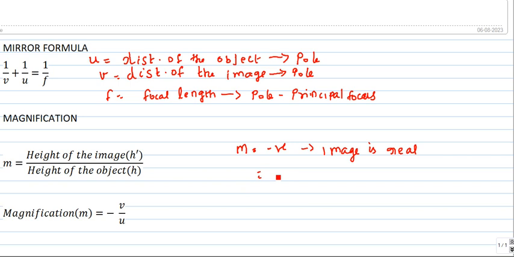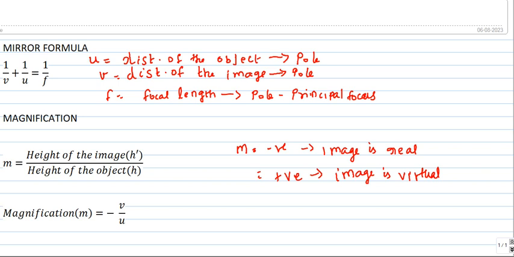If you have magnification to be positive, then it implies that the image is virtual. So these 2 points we should be remembering when we are calculating the magnification.